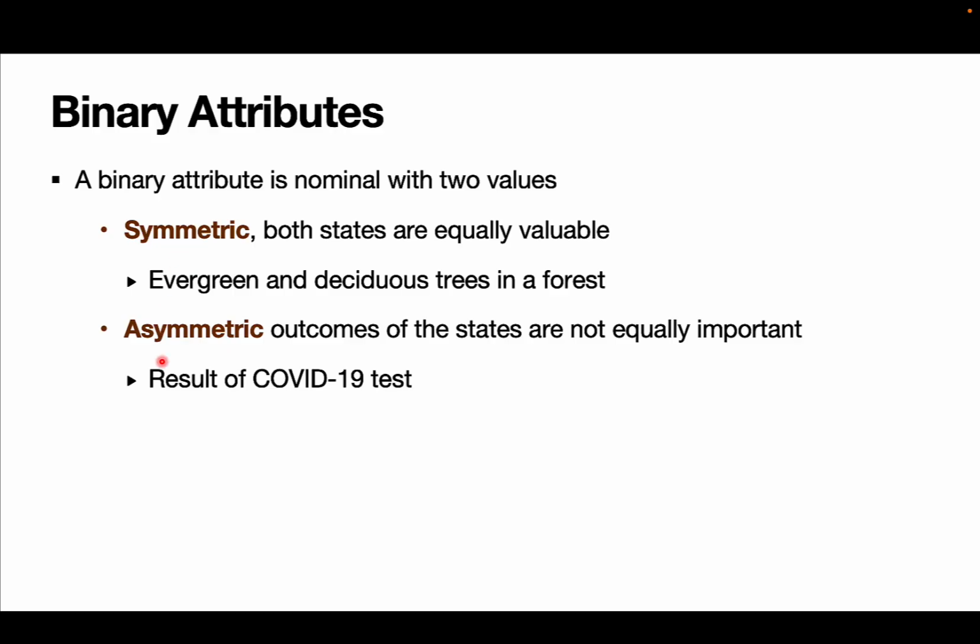On the other hand, in asymmetric attributes, one outcome is way more important than the other. Think about a positive medical test. A positive medical test requires more follow-ups than a negative test.